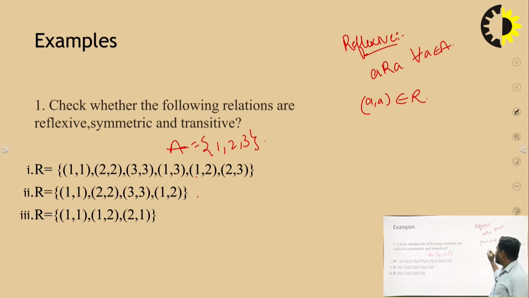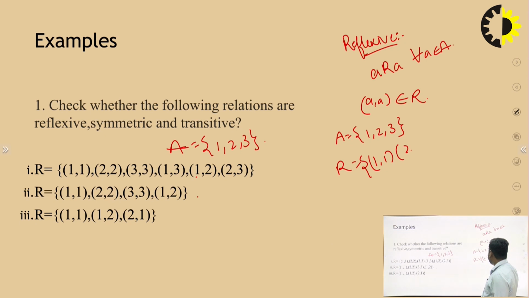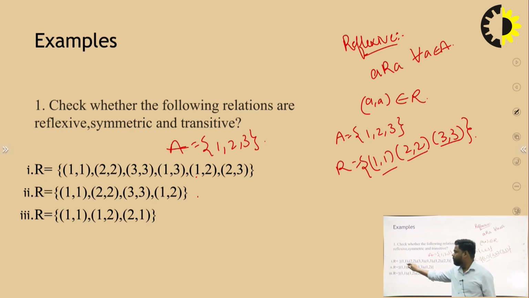So we are checking, if the set A is given as 1, 2 and 3, then for reflexive the relation should contain (1, 1), (2, 2) and (3, 3). If all 3 are present, then the relation is reflexive. So we are checking these 3 elements, which are not in order, but (1, 1), (2, 2) and (3, 3) are present for all, so this is reflexive.